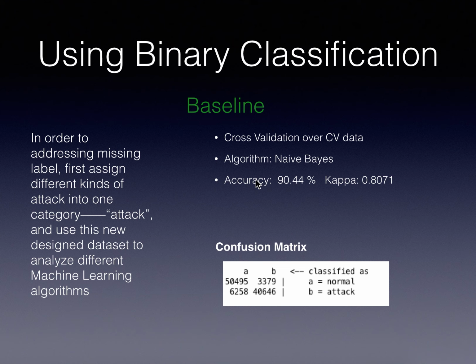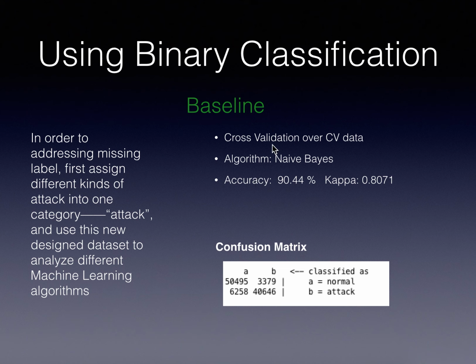In order to address the missing labels in the dataset, the first step is to assign the different kinds of attacks into one category that I call attack here, and I use this newly designed dataset to analyze different machine learning algorithms. This is not the final result, but just a middle step that I use to analyze different algorithms and find what I need to improve here.